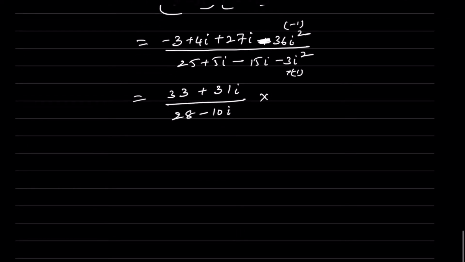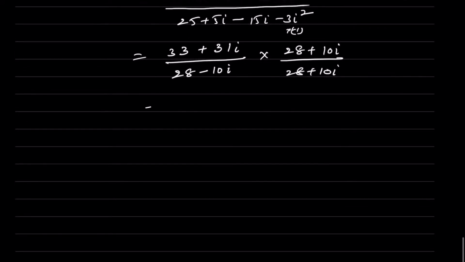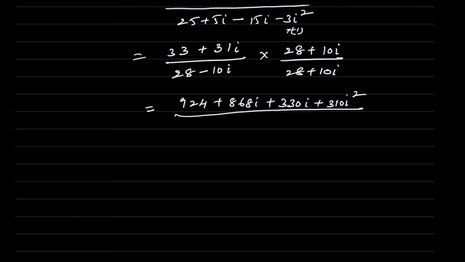Now you can rationalize this by taking 28 plus 10i divided by 28 plus 10i. You are going to get 924 plus 868i plus 330i plus 310i square, divided by 28 whole square minus 10i whole square.